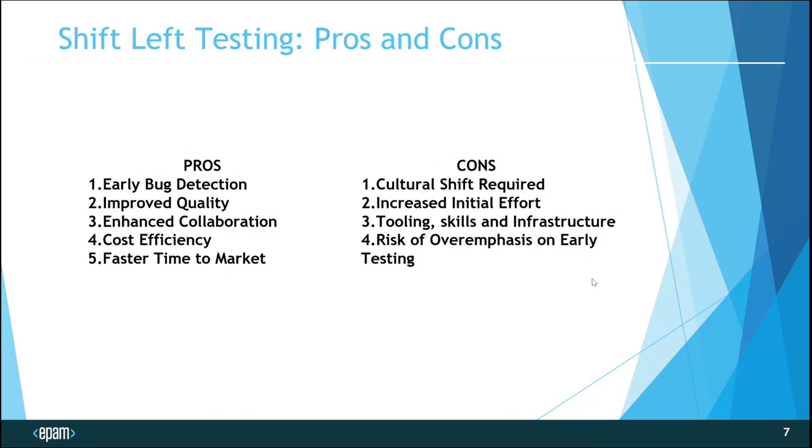The next point is cost efficiency. As I said previously, earlier detection of defects significantly reduces the cost associated with late-stage fixes. The better way to fix bugs is not to allow them to appear in your project on production at all.